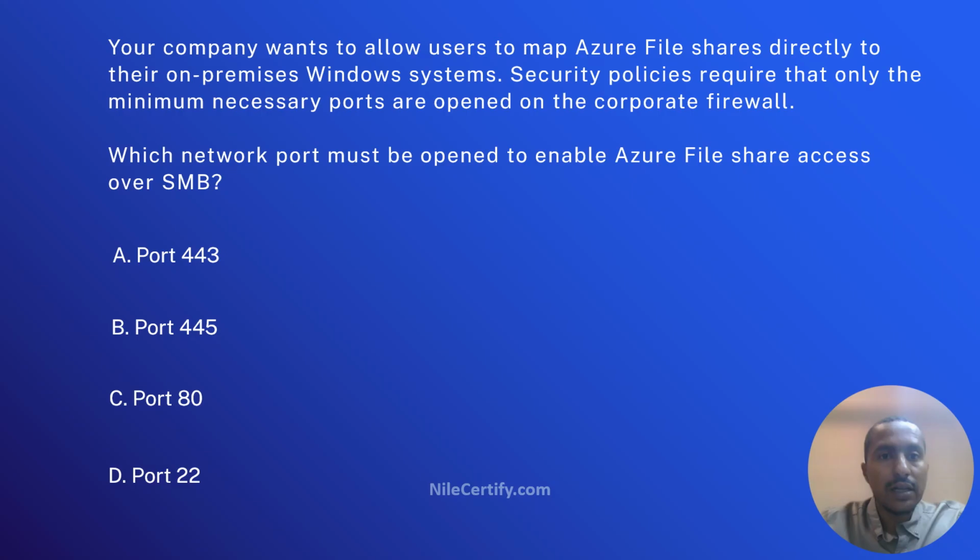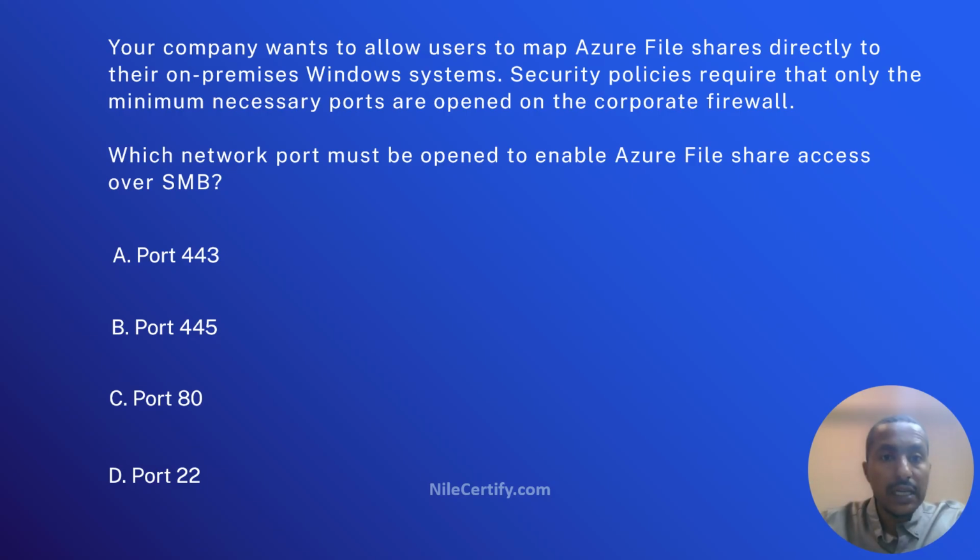Option B, port 445, is actually a well-known SMB port. Windows file shares, whether on premises or in the cloud in Azure, use SMB, and SMB traffic flows over port 445. That's exactly what Azure file shares require to be open on the firewall. So we will consider it a correct answer so far, and we will keep discussing the other options.